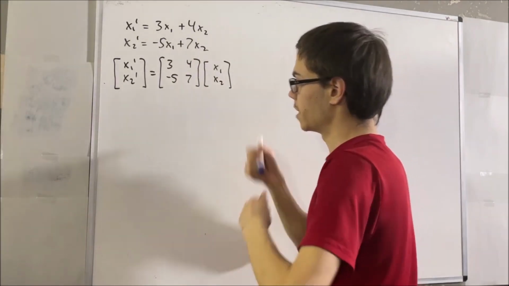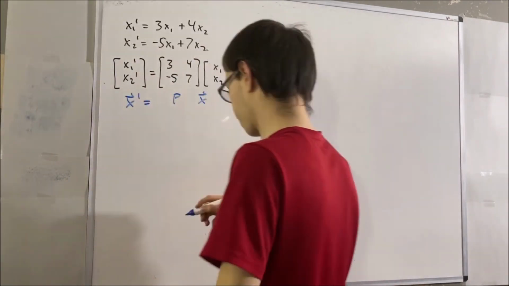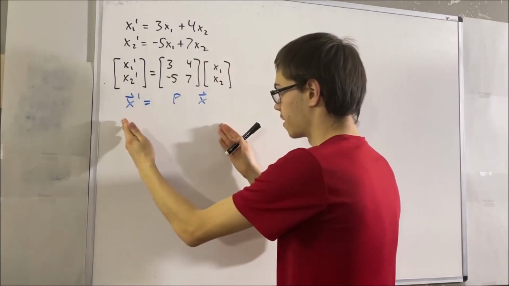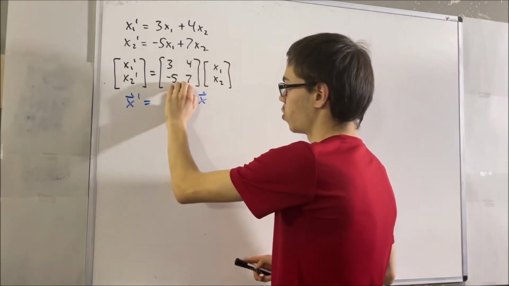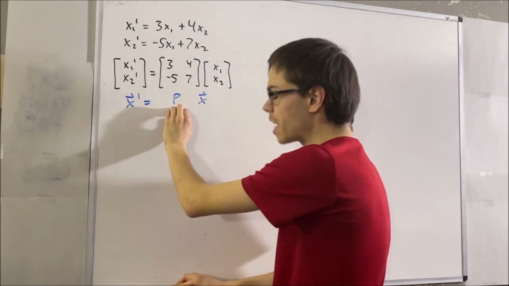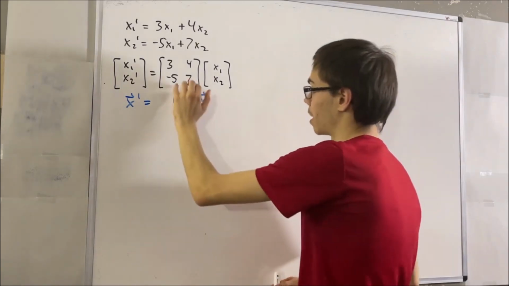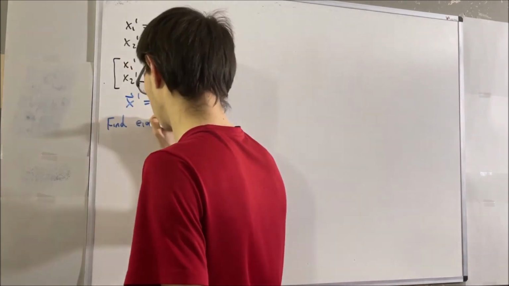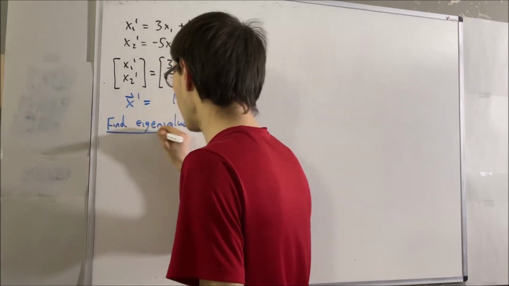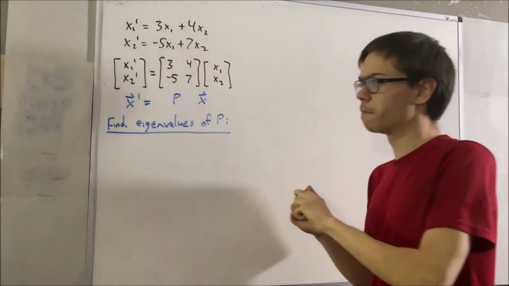This equation is in the form of this, where this matrix is what we call matrix P. So now what we're going to do is find the eigenvalues of P. So how do we find the eigenvalues of a matrix?